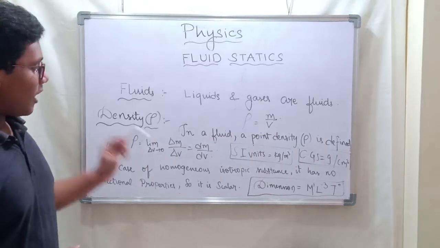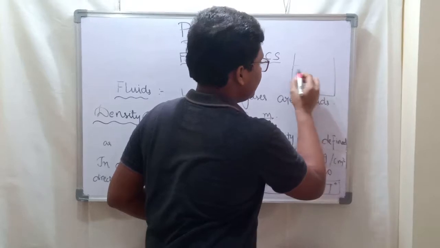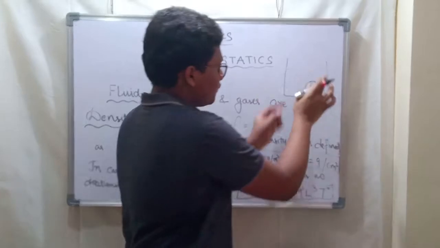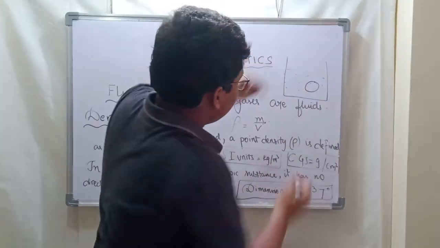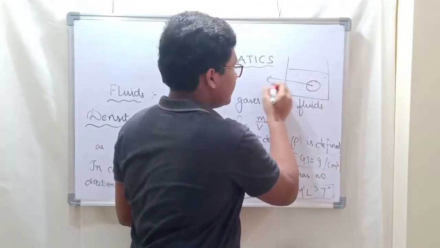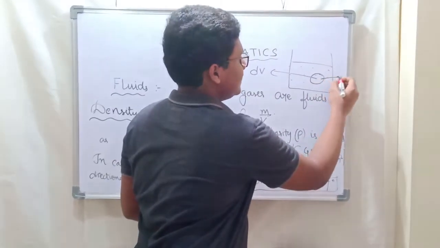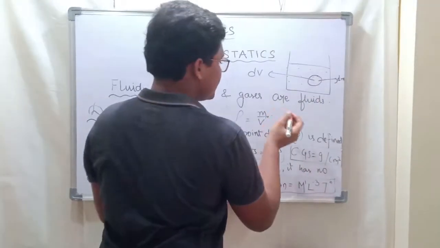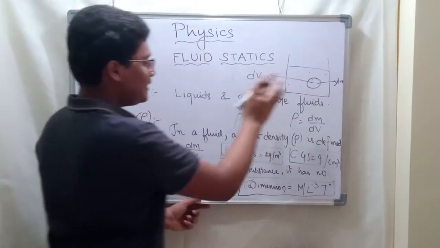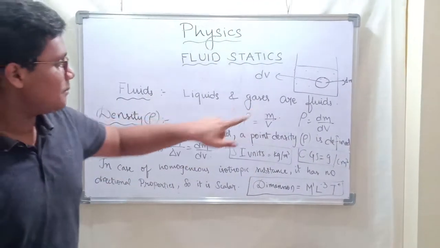If we take point density, say in a jar we are taking liquid, the volume of the total liquid in the jar is V. For a small part the volume is dV, and the mass of this part is dm. So we can say rho is equal to dm by dV. This is point density.